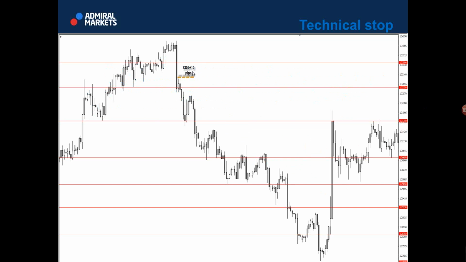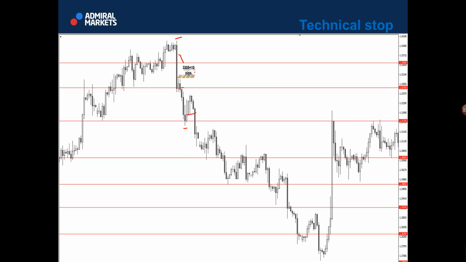Let's say we made an entry here. Our stop would be above this level plus 10 pips. So basically it's a technical stop. We are using higher highs. If I made my entry here, I would place my stop loss here. If I made a long entry here, I would place my stop loss a few pips, 5, 10 pips, whatever you choose.